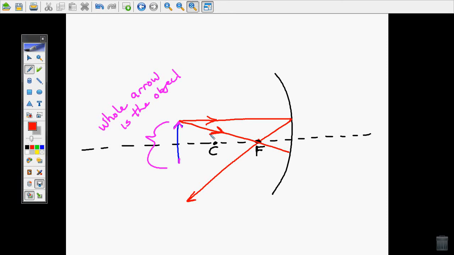And I know a light ray coming from the head of the object going through the focal point, when it hits the mirror, how's it going to reflect back, Dave? Parallel to the principal axis.